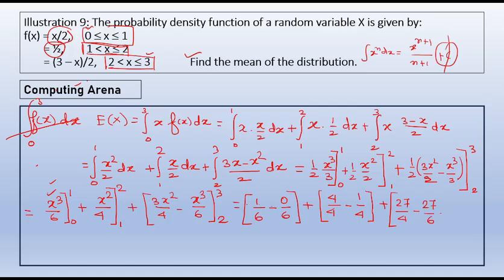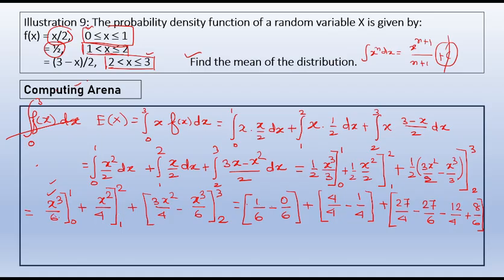Now minus sign comes in and first term becomes, when you put 2, 2 square is 4, so 3 into 4 is 12, denominator is 4. Minus and minus, this one will become plus. Plus here you put 2, so 2 cube is 8, 8 by 6. Okay, so this is the entire thing.